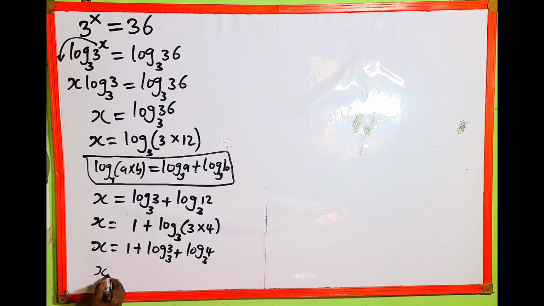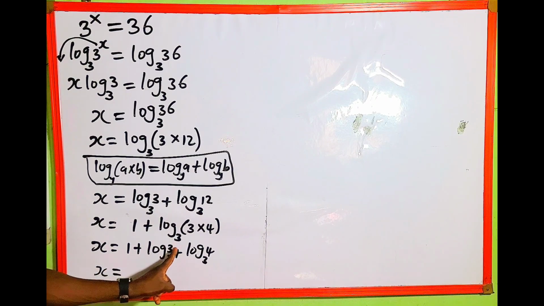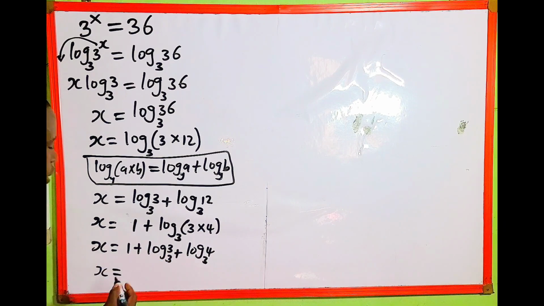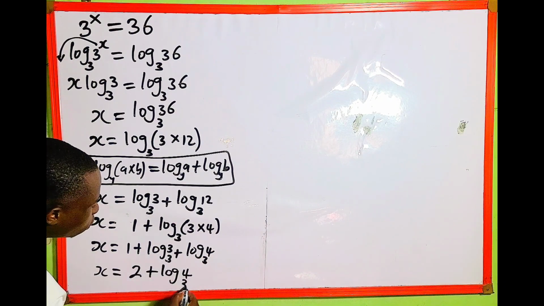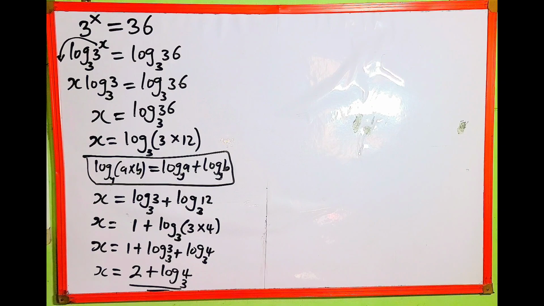Now we are going to have x equal to, here we have 1, and here again we have log 3 to base 3, which is the same as 1 as earlier explained. Then that 1 plus this 1 is going to give us 2. Then plus log 4 to base 3. So therefore, the value of x that satisfies this exponential equation is 2 plus log 4 to the base of 3.